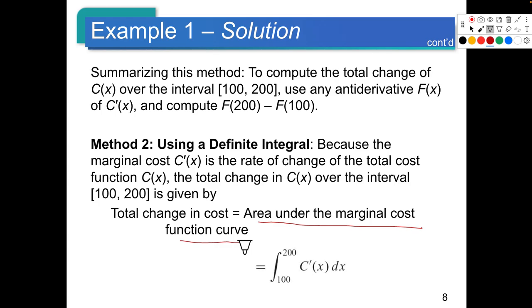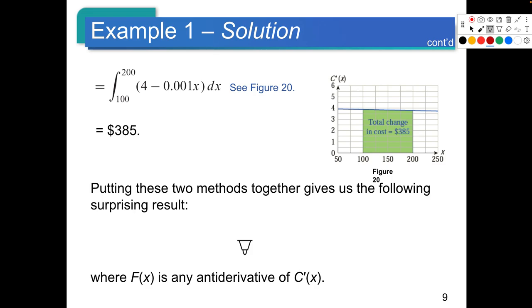And so we could geometrically calculate it. So this here is the marginal cost, right? It's a graph of this function, and this is the area under the curve, and it's almost a rectangle anyway, so it's 100 times its height. It ends up being 385.